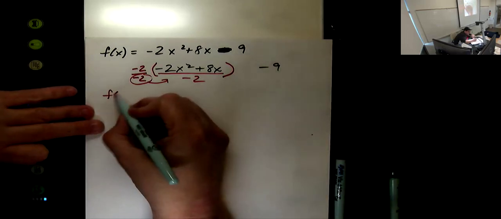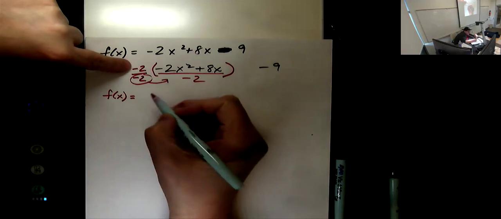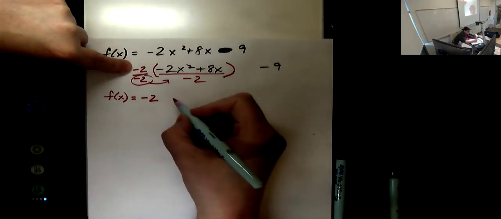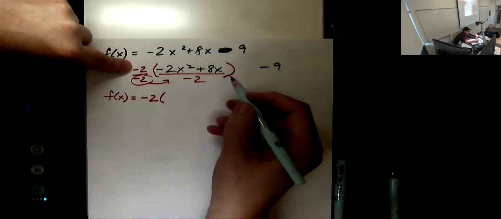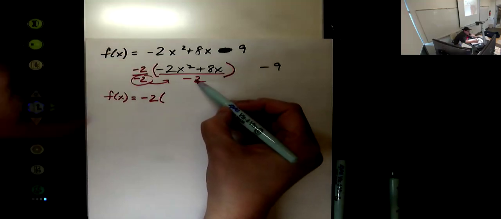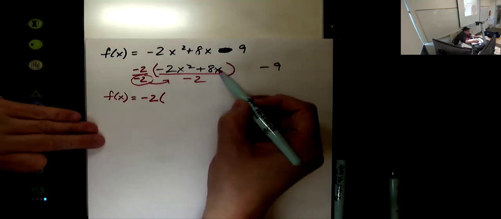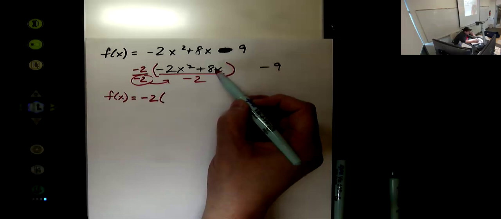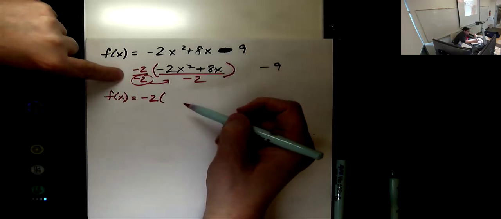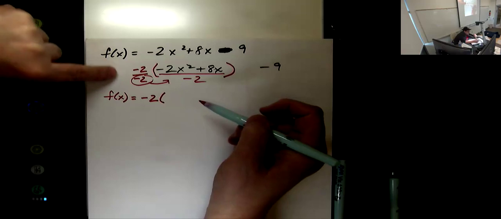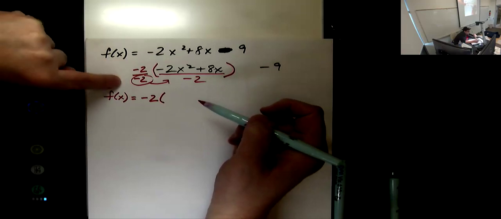So what will happen is I get the -2 on top, that stays outside the parentheses. And then I'm gonna divide -2 into each of these. The reason I'm showing it like this is because I've done -2 over -2, which is 1. I am not changing the value of this equation. I'm multiplying by 1.